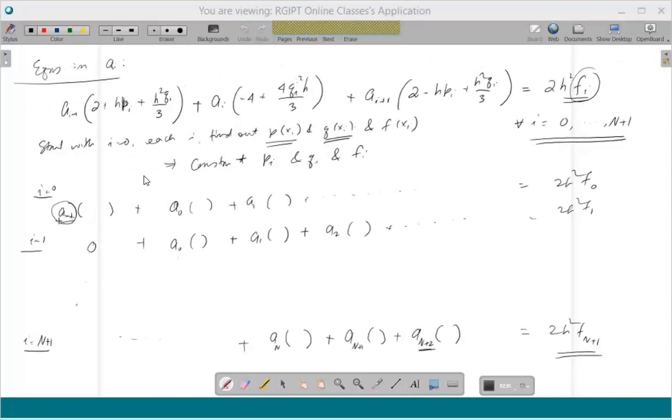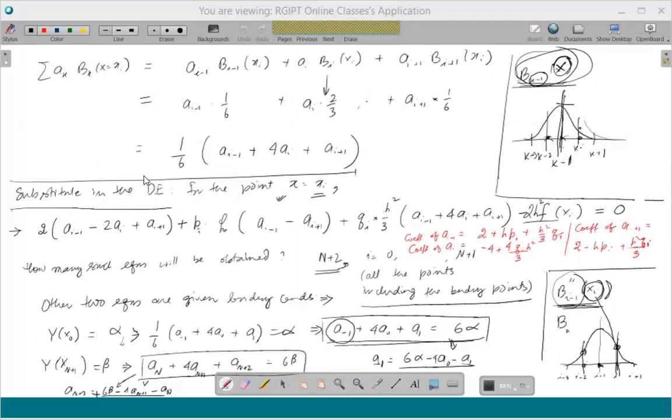So if you look at this, you will get rid of this term. This will be expressed in terms of a0, a1. Okay, so the first term will be a0 into something plus a1 into something, and take the constant terms on the right hand side. This constant will be changed because if you substitute for a minus 1, there is a constant that is 6 beta appearing here. Similarly, a n plus 2 has 6 beta, a minus 1 has 6 alpha.